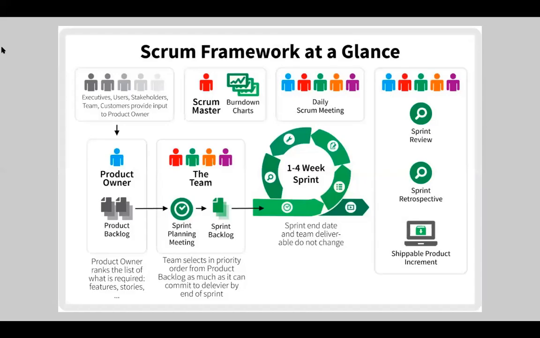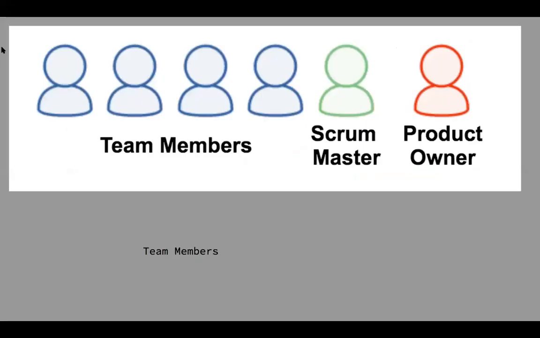All right, so this is the Scrum framework at a glance. Don't have a heart attack, it looks kind of crazy. I'm going to walk you through each one of these in our classes. Right now, we're going to talk about the actual Scrum team, and that's going to be the focus. In a Scrum team, typically you have the product owner, a Scrum master, and team members.